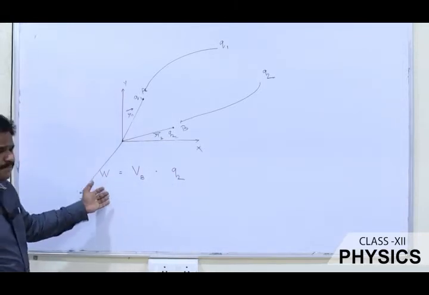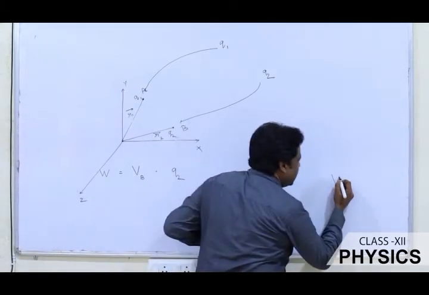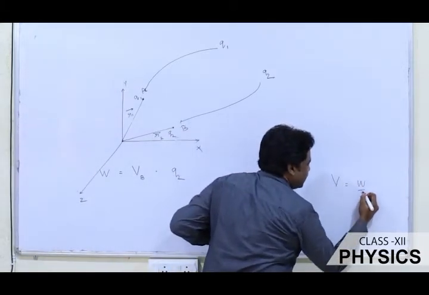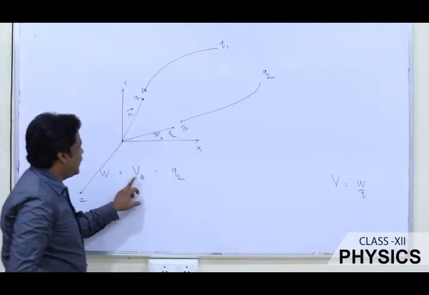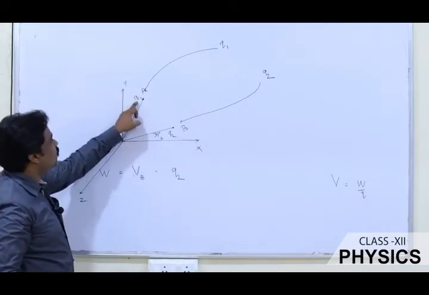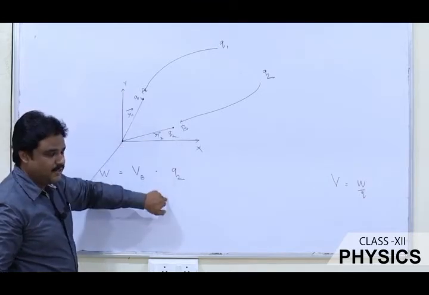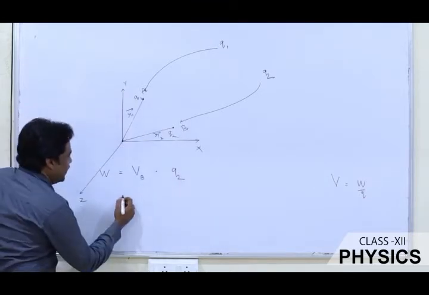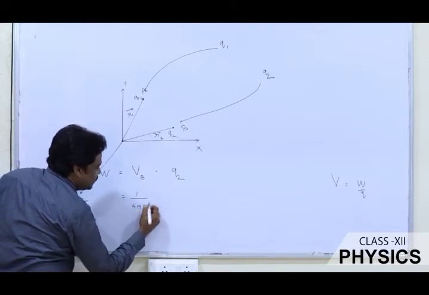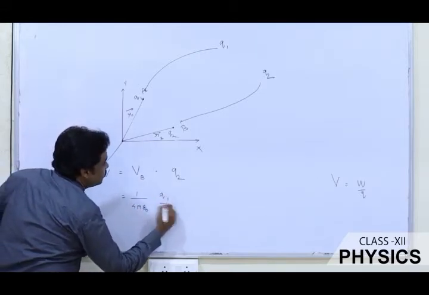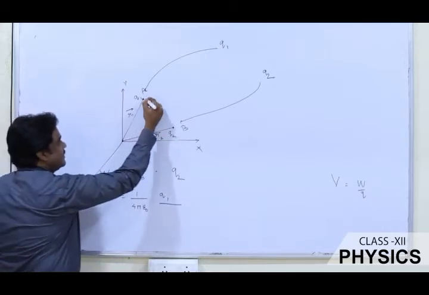So once again, it's a very simple formula. Potential is work done per charge, so work done is potential into charge. Now ultimately potential at B means it is the potential due to q1 at B, and the charge you are bringing is q2. So potential at B can be written as 1 by 4 pi epsilon naught q1 by the distance, which is AB.